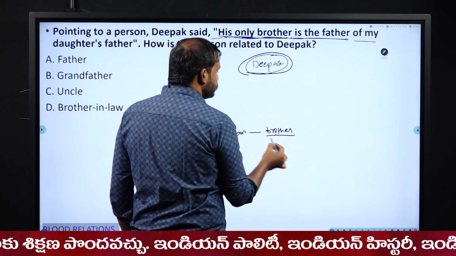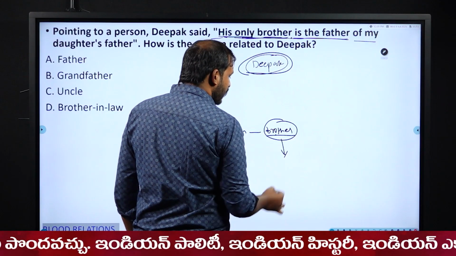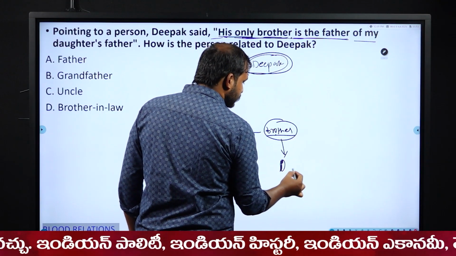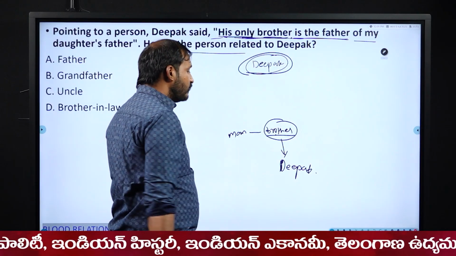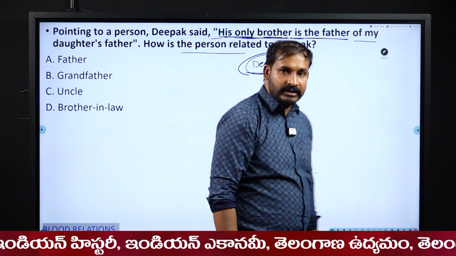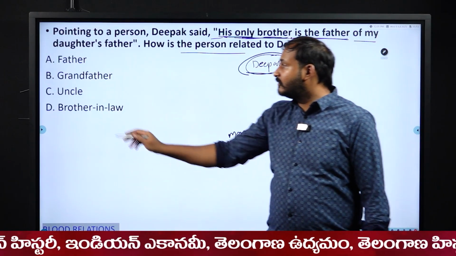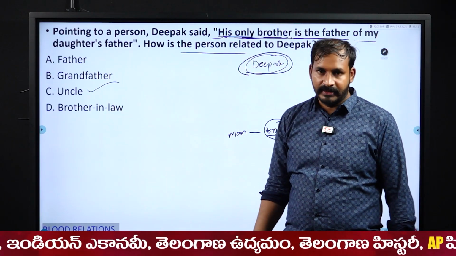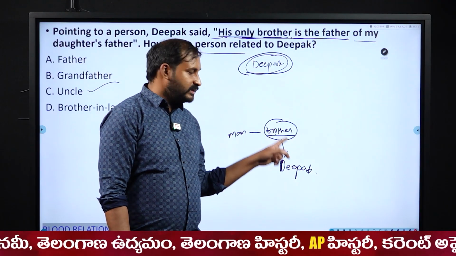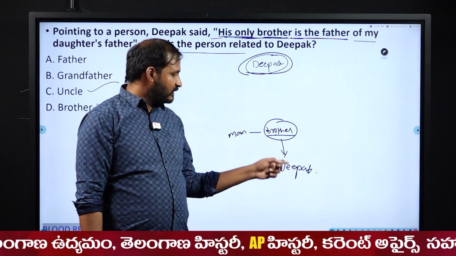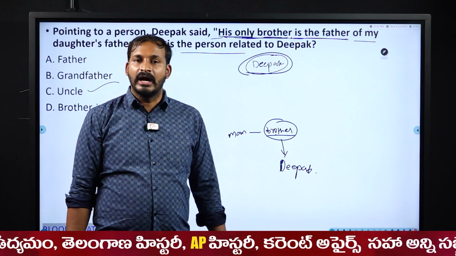That means this person is father to Deepak. Now, how is that person related to Deepak? That person will become uncle to Deepak. Deepak's father's only brother is that man, so obviously he will become uncle to Deepak.